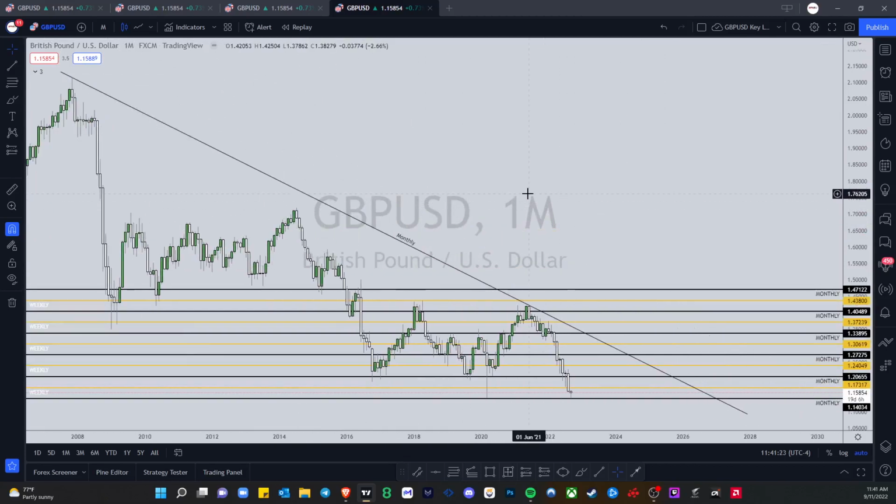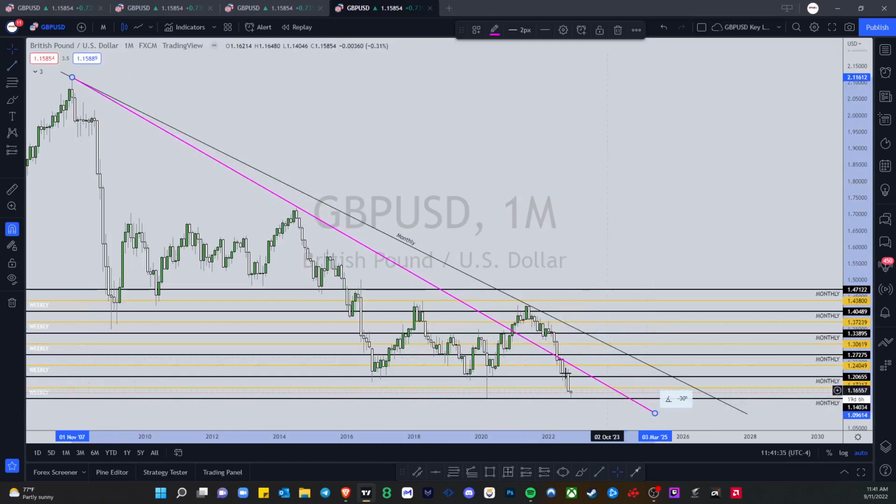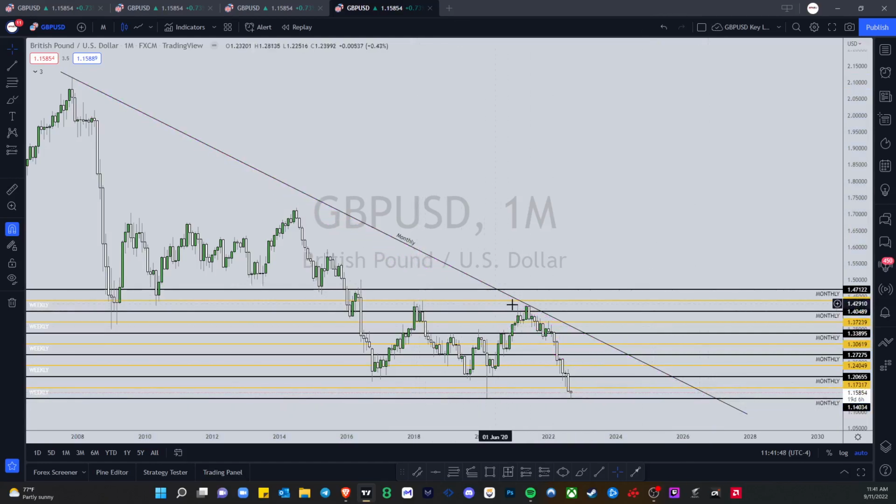So previously, my analysis was incorrect on the monthly time frame. It was analyzed, but I ended up putting my trend line this way, from point A to point B, not realizing that this area right here was also another lower high point, like a 38.2 lower high point.